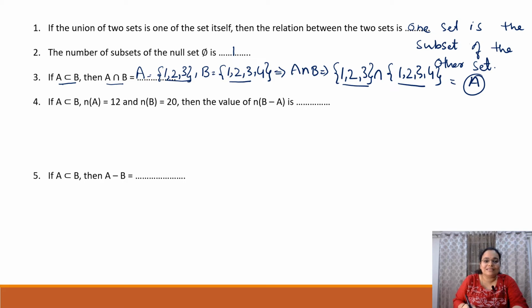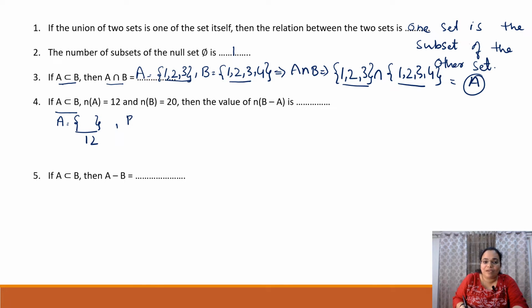And the next one is, if A is a subset of B, n of A is 12 and n of B is 20. The cardinal number of A is 12 and the cardinal number of B is 20. That is, set A has 12 elements.